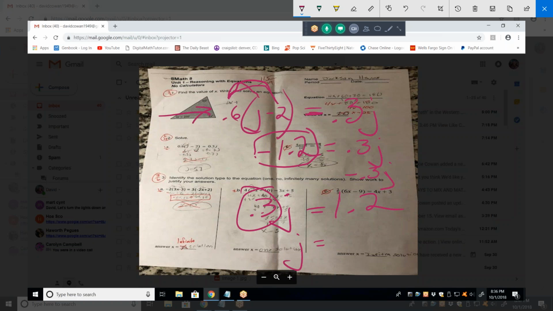Well, 0.3 is a multiplier, which means I got to divide. What is 1.2 divided by 0.3? 0.04? No. 0.4? Nope.